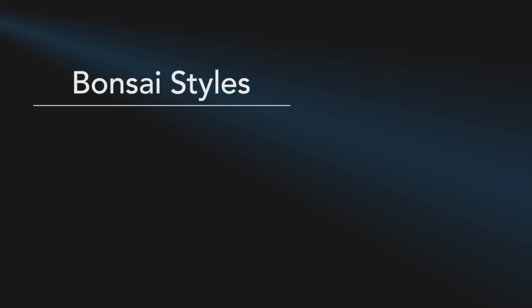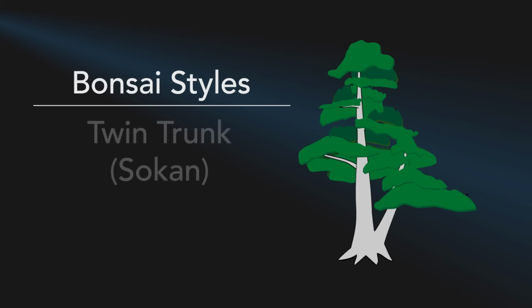Not all trees exist as a single entity. They can exist as multiple trunks that come from a single base, such as twin trunk style. These can be formal, informal, slanted, or any combination of those styles, but exist as a pair or even three trunks in a harmonious group with the same origin point.